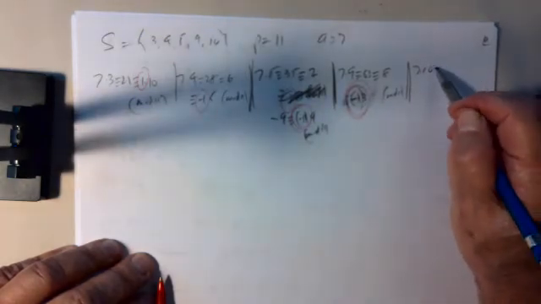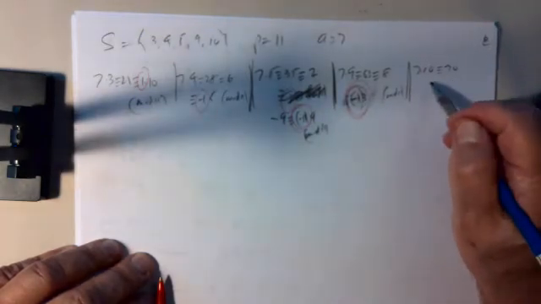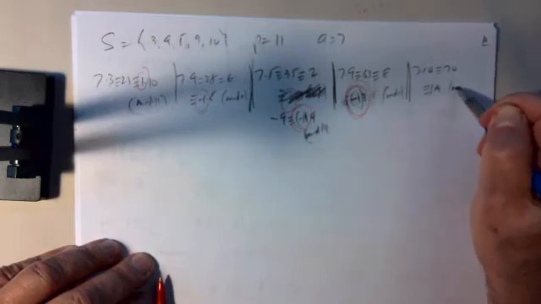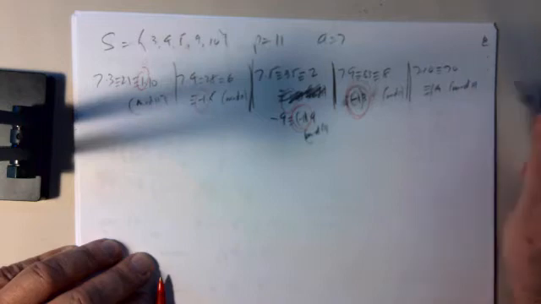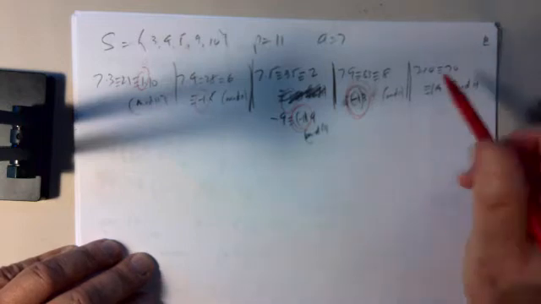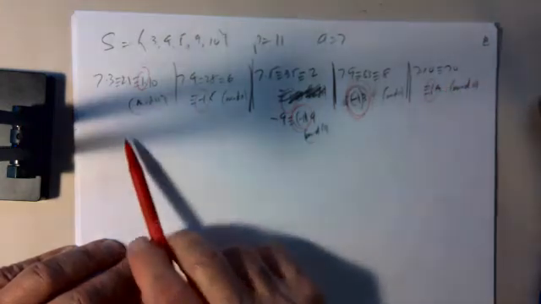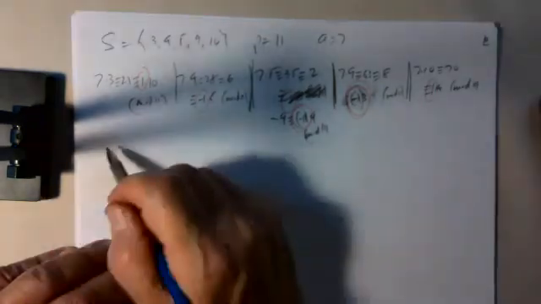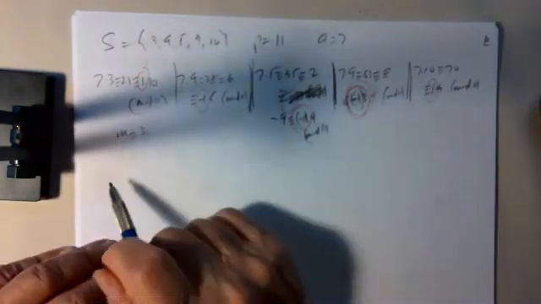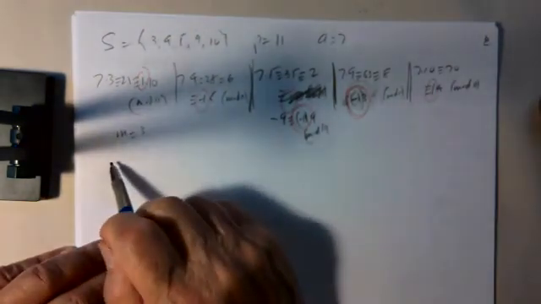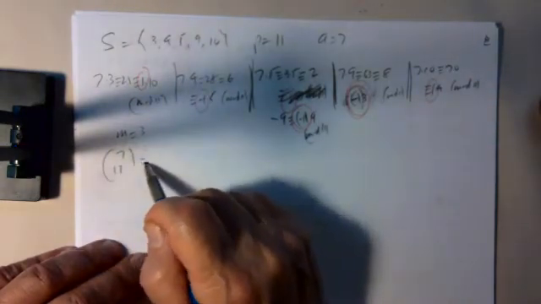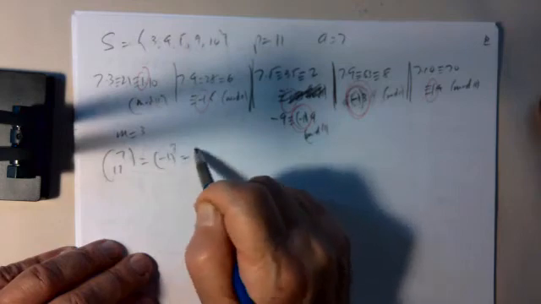And 7 times 10 is 70, which is congruent to 4 mod 11, or 1 times 4 mod 11. So here we get a plus 1. So how many minus 1s are there? 1, 2, 3. So m is equal to 3, and the Legendre symbol 7 over 11 is minus 1 cubed, which is minus 1.